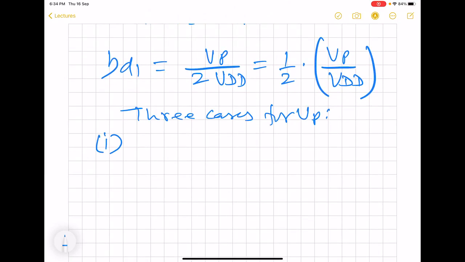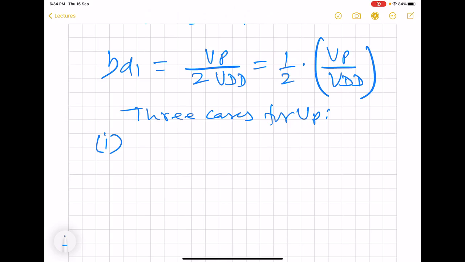Case 1 is the simplest case, and these 3 cases arise when we have increased the input amplitude to such a level that drain current swing is the maximum possible for the chosen value of the gate to source voltage. So now there is no room for further increasing the drain current swing because gate to source voltage is fixed.